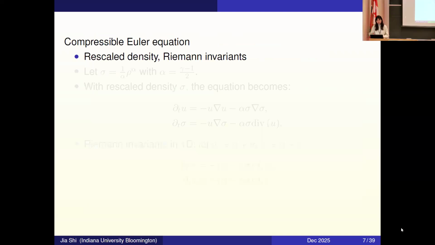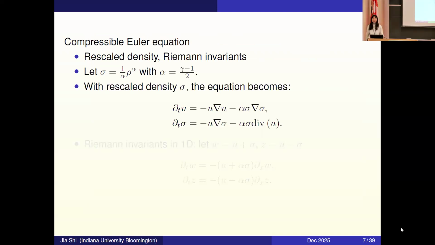To see this effect, you can go to the rescaled density and define the Riemann invariants. First you raise the density to the power alpha. You define a new variable sigma as 1 over alpha times rho to the alpha, where alpha depends on the physical parameter gamma, equal to gamma minus 1 over 2. So it's always positive. With this rescaled density, you rewrite the equation, and now it becomes more symmetric.